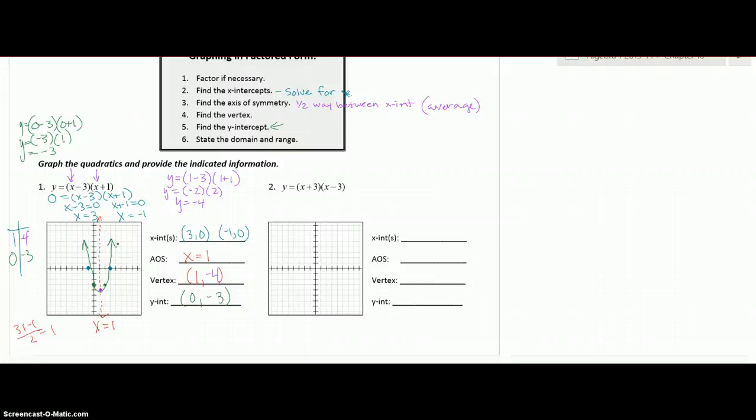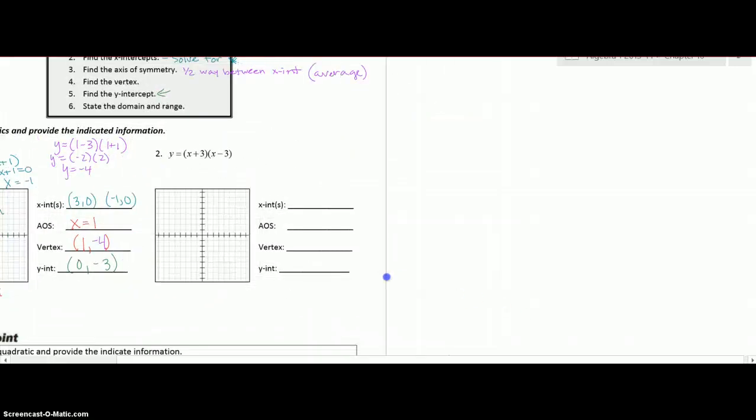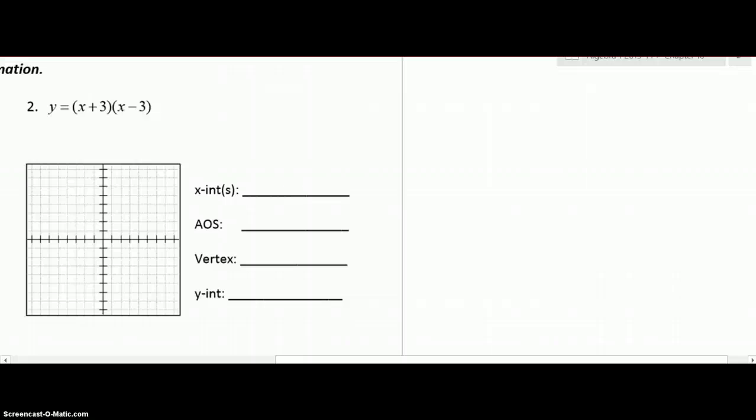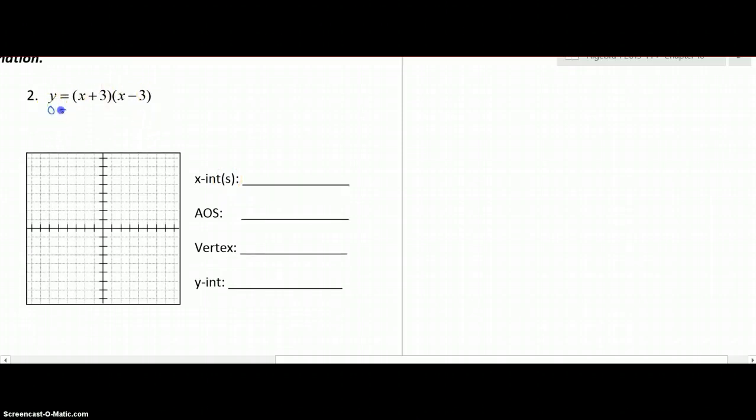Okay, so let's look at number 2. Again, this one should be opening up because the number in front is positive. There's an implied positive 1 right there. So we are going to first find the x-intercepts. How do we do that? We have to factor and solve. This is already factored, so we will put 0 in for y and solve.